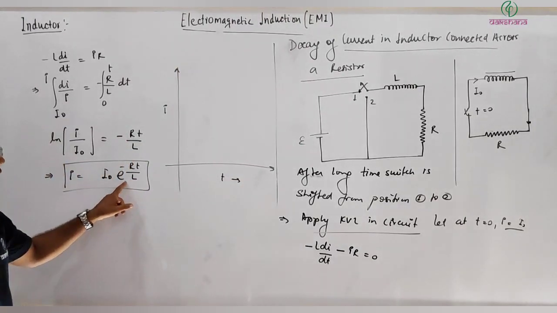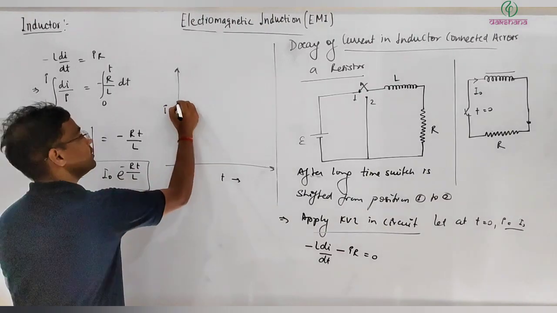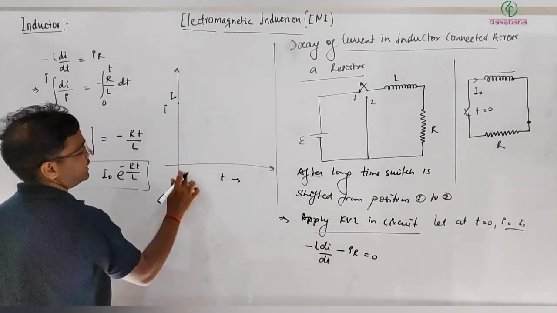At t equal to 0, e power 0 means 1, I is equal to I naught. Starting from I naught at t equal to 0.